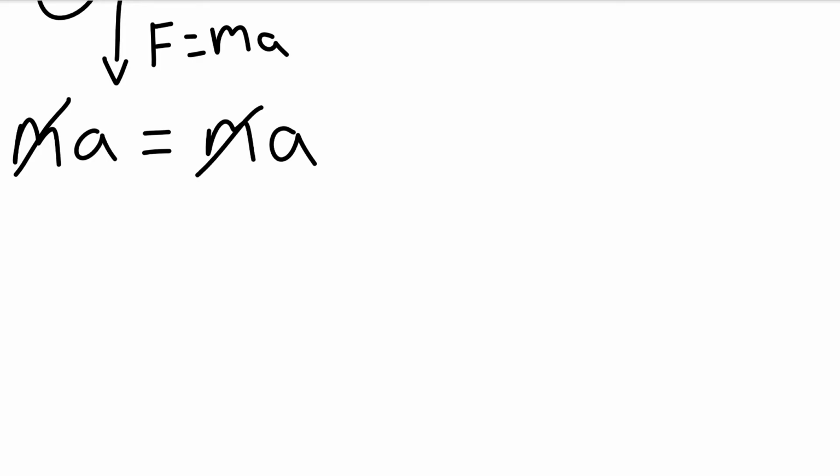The acceleration on the right-hand side does. So we care about this acceleration. That acceleration, we can rewrite it as the instantaneous rate of change of velocity with respect to time, or dv/dt.